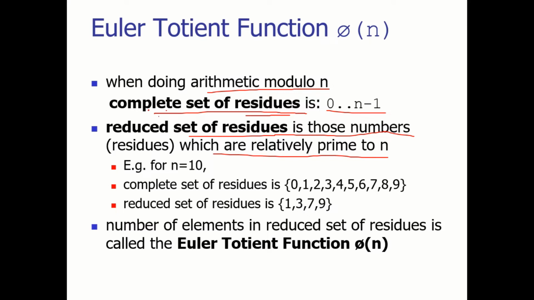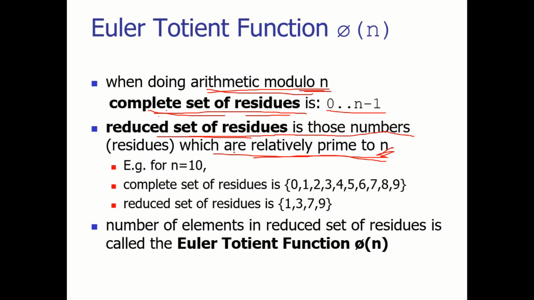One thing we have is the complete set of residues, another is the reduced set of residues. So the complete set will contain all the numbers that can be remainders in arithmetic modulo n. And in the reduced set of residues, we have only those numbers which are relatively prime to the given number, for which we are finding this modulo n.